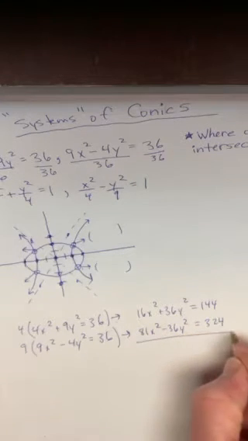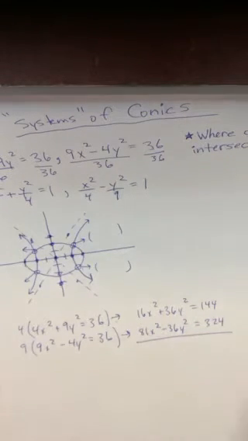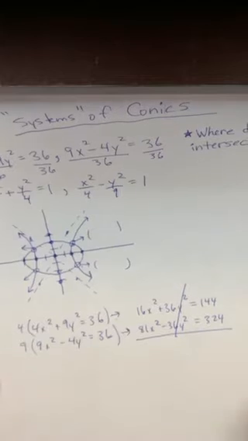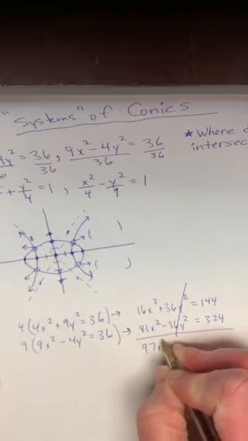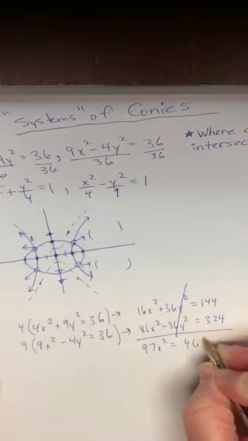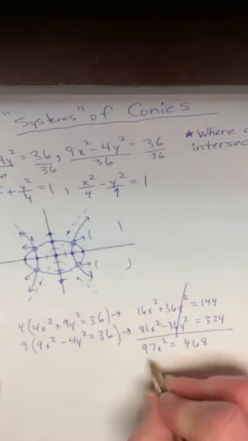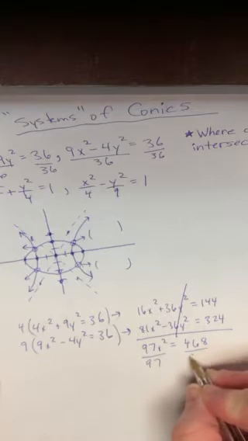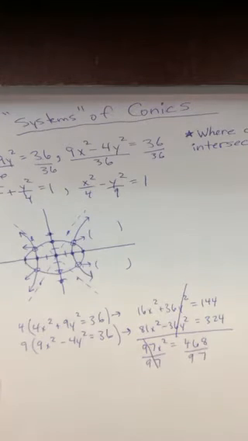So now when I add these equations together, the y squareds are eliminated from the problem. I use the elimination technique, they're gone, leaving me with 97x squared equals 468. Divide by 97, those would cancel.